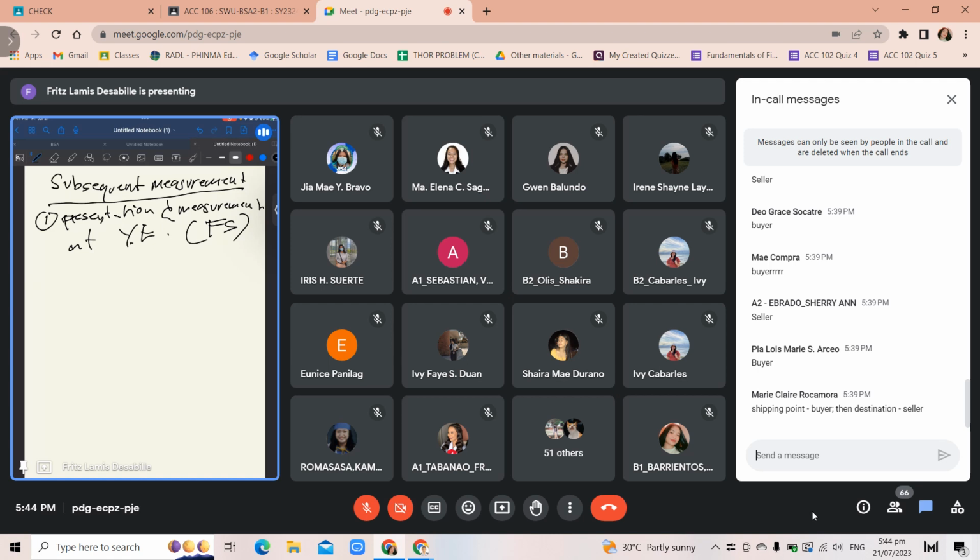Now, guys, we will be diving into this one a bit deeper in the next meeting. But for now, I will just be discussing with you straight up what is the subsequent measurement of accounts receivable. So accounts receivable is subsequently measured at what we call net realizable value, NRV.